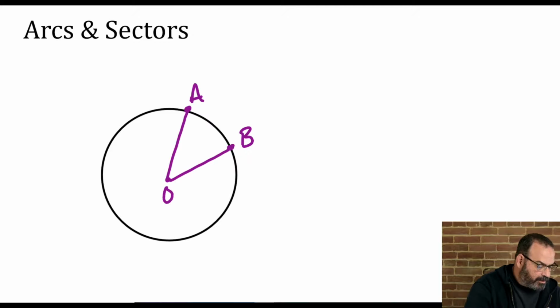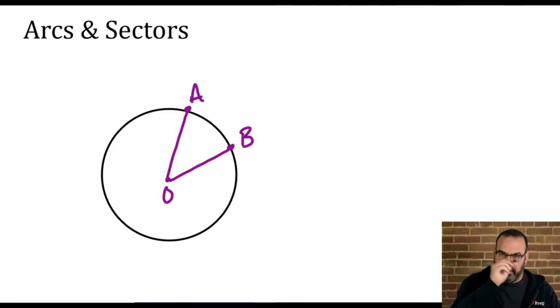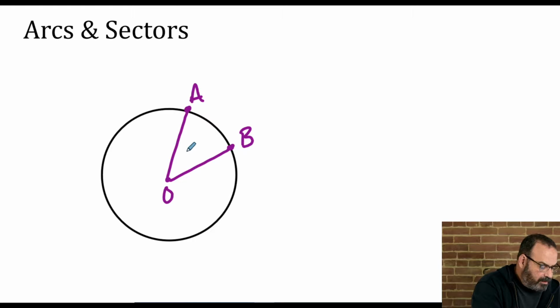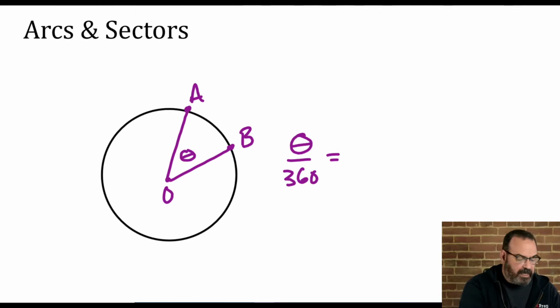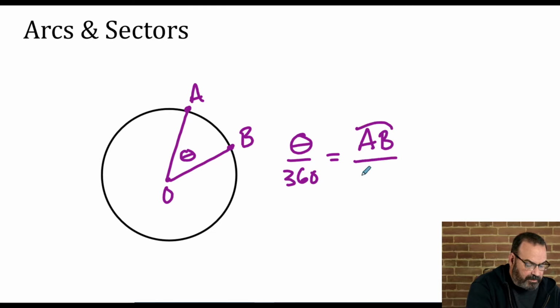So this is the origin, and the arc is A to B. So the angle formed by the sector is called theta. Theta divided by 360 forms a ratio that is the same as the arc length divided by the circumference, or 2 pi r.